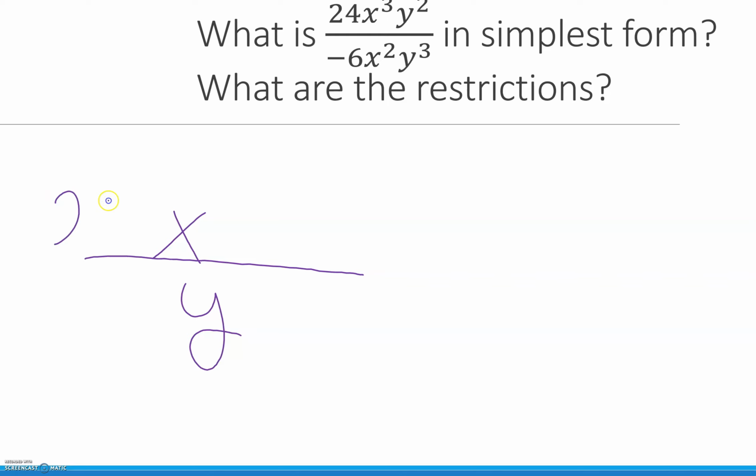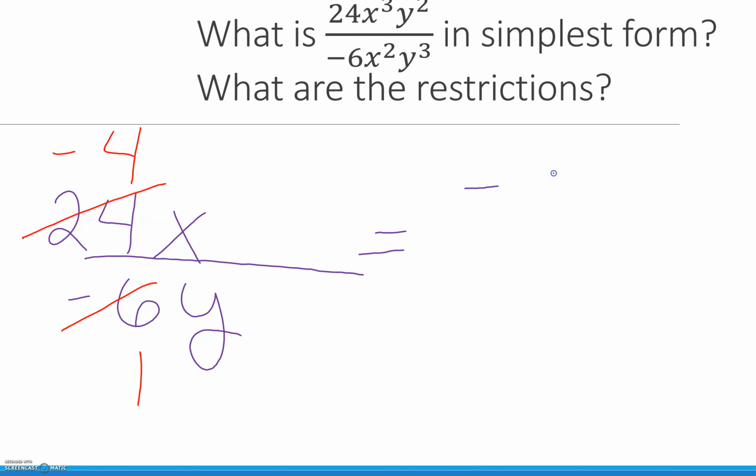But we still have this 24 and negative 6 in the front. Now, both of them are divisible by negative 6. So negative 6 divided by negative 6 is 1. 24 divided by negative 6 is negative 4. So now we have negative 4x over y.